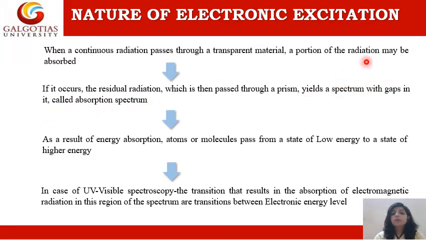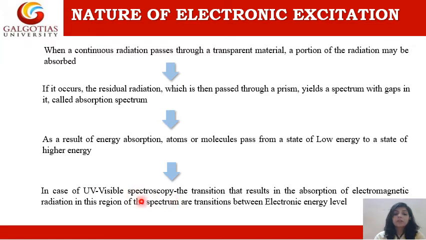As a result of energy absorption, your atoms and molecules will pass from a state of lower energy to a state of higher energy. So after absorption of incoming UV visible radiation, our atoms or molecules will pass from a state of lower energy to a state of higher energy.